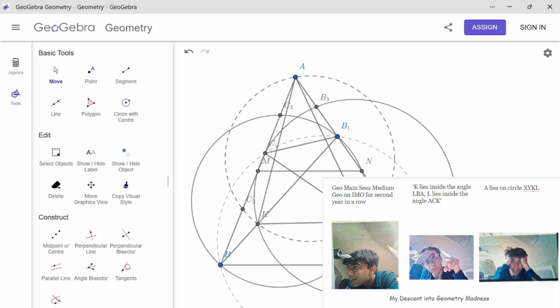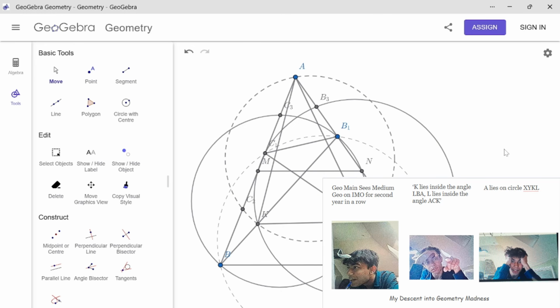BB1. Yeah, because the only meaning of X and Y was really to calculate the power of B with respect to those circles. So we know that BB1 is the radical axis of circle B3 C1 M K C and AC2 B2.